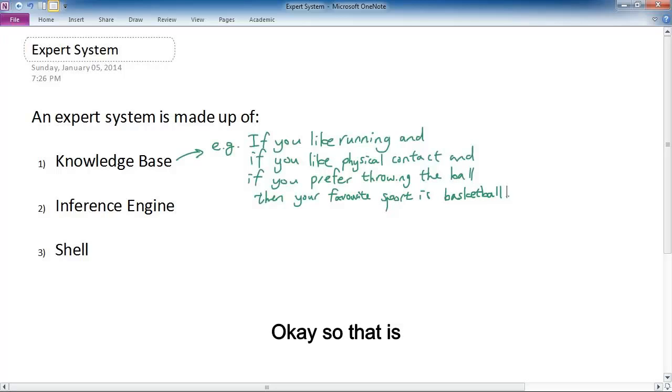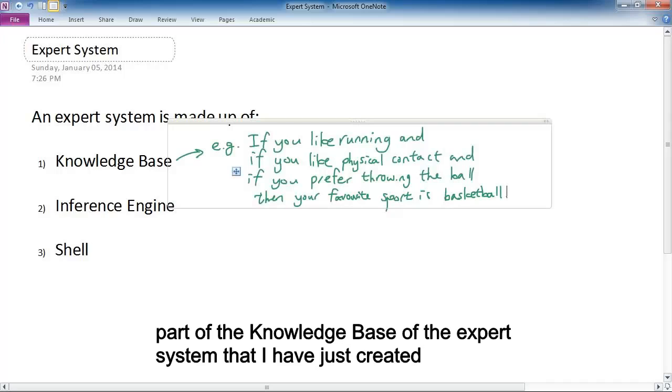Okay, so that is part of the knowledge base of the expert system that I have just created.